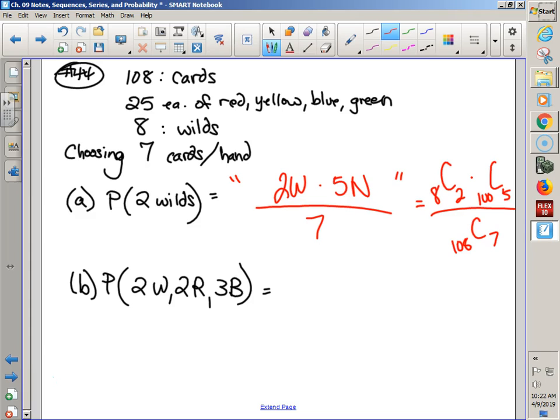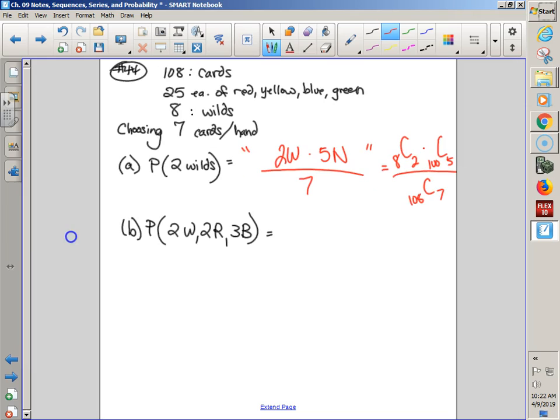We're doing that top and the bottom and putting it in a fraction to make our probability. Can your calculator do all that for you? Use nCr, and alpha y equals fraction bar. What changes, though, if they say, okay, now, what's the probability of you getting 2 wilds, 2 reds, and 3 blues?